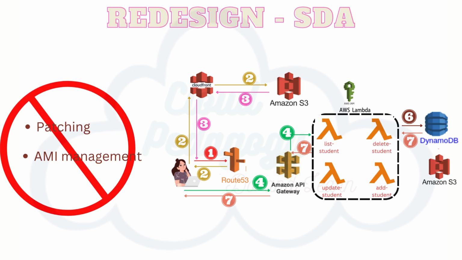There is no patching or AMI management when you use serverless solutions like AWS Lambda. Also notice how it was not required that I create a VPC, subnet, security groups or a network access control list for this solution. Though you can integrate serverless services with your VPC if you need to for compliance reasons. However, it's not required to get a solution up and running.